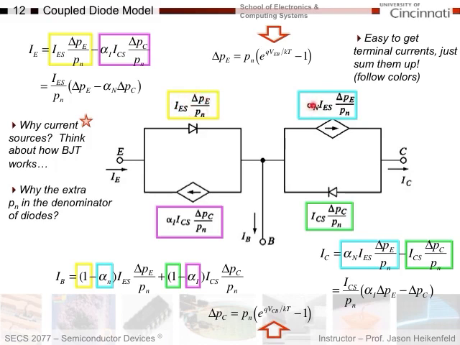So the only thing I have then, instead of 1, is minus alpha N, because it's coming out, times the rest of this stuff here. And then I'll look at this. Well, this is going out, right? And so this gets minus, and it's alpha, right? Times this stuff. There it is. And then I have stuff coming in, so it's going to be positive because it's in the same direction as I've labeled IB here.